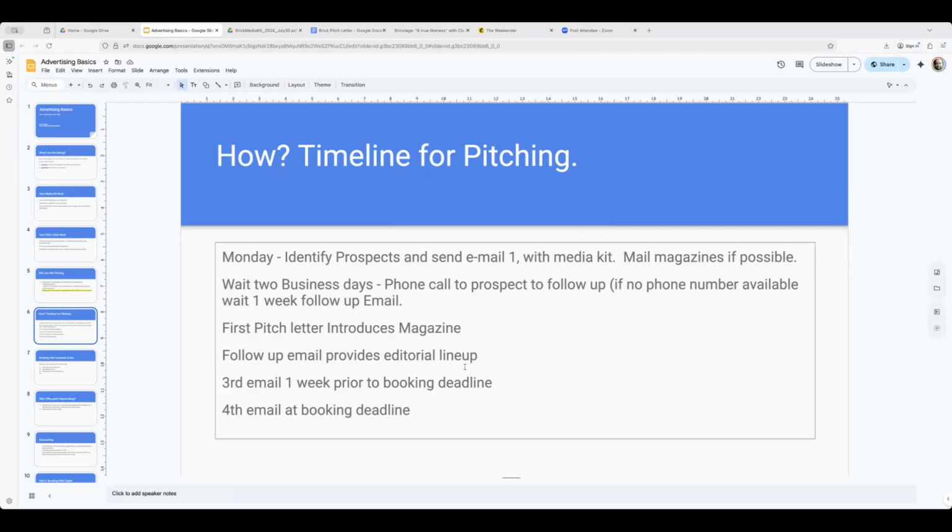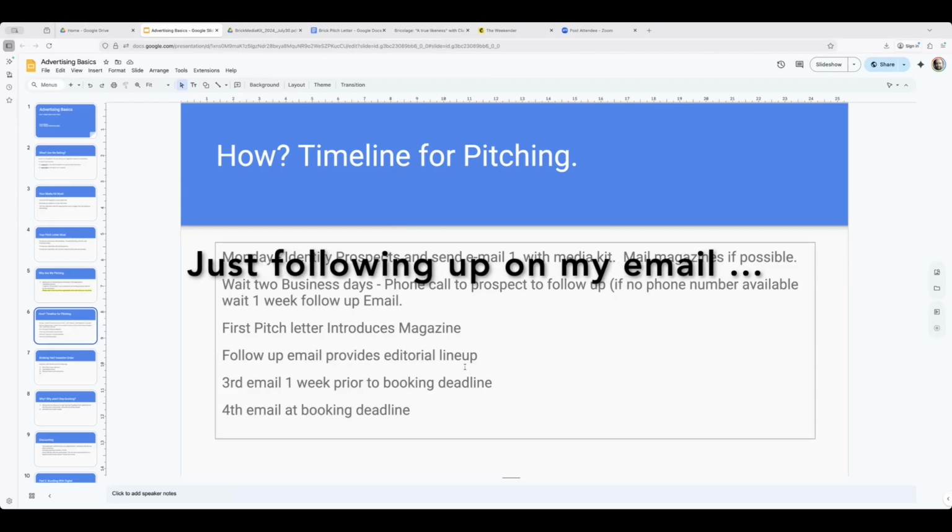I still stand by the line when you phone somebody. If you get an office manager, a receptionist, anybody like that, saying, oh, I'm just following up on my email, or I'm just following up on an email that I had sent, or I'm just following up on some email correspondence we've had, right? Then at least you can get to a voicemail prospect if you've never talked to them before.